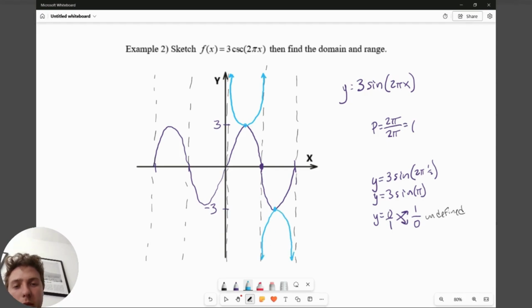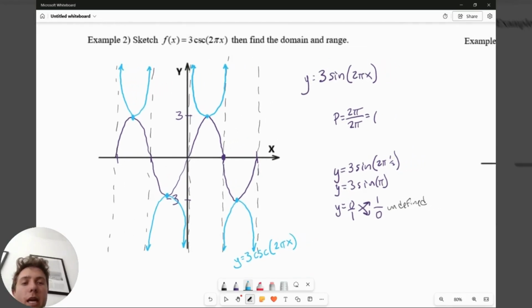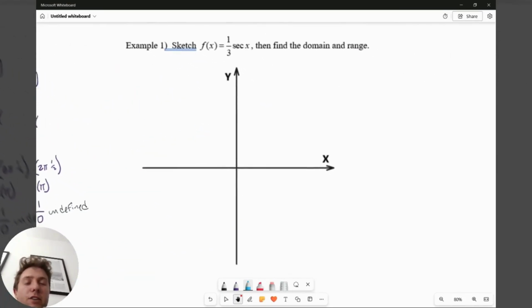So all we're doing now is just flipping each one of these graphs to now go in the other direction. There is our sketch. There is our graph for cosecant. Realize the cosecant graph is the blue one. Okay, the purple one was sine, blue is cosecant. There's your sketch.